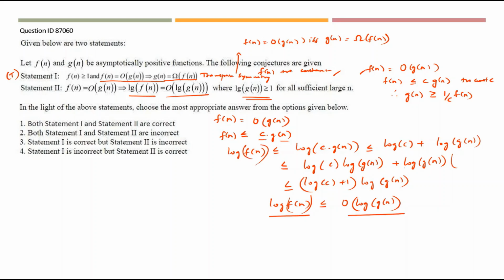Since log of g of n is greater than or equal to 1, instead of 1 I am placing it. This is like log of c into 1. This is again like in the form of c into g of n. So instead of c, here it is log c, and instead of g of n it is log of g of n. So I am just placing it back like big O.